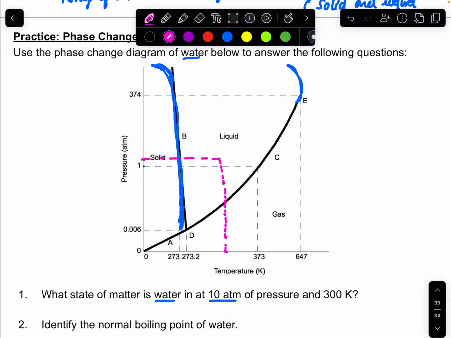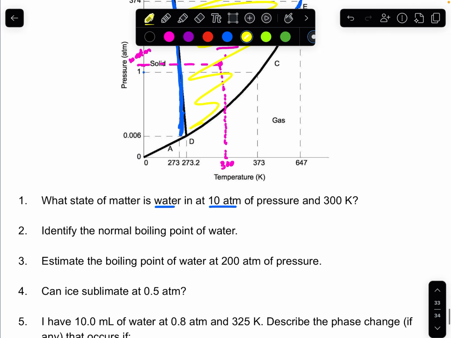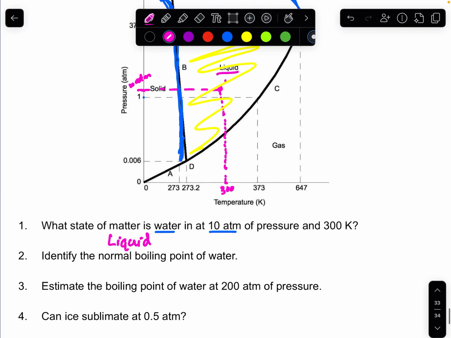And when I reach here at 10 atm, the scale is very difficult, you know that. Okay, so what is the state you are seeing there? This area, remember the labeling, this area is what? Liquid. So the state of matter at this condition is liquid.